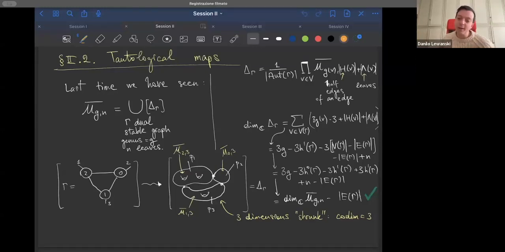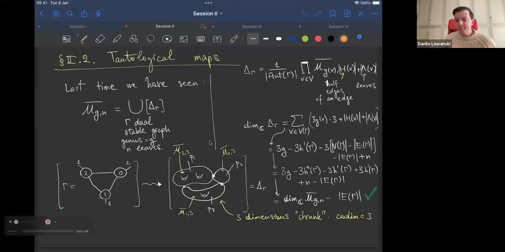So every node was a lost dimension, and this Euler characteristic computation just confirms it. Okay, so in particular, this stratum has 1, 2, 3 nodes, and therefore has codimension 3.